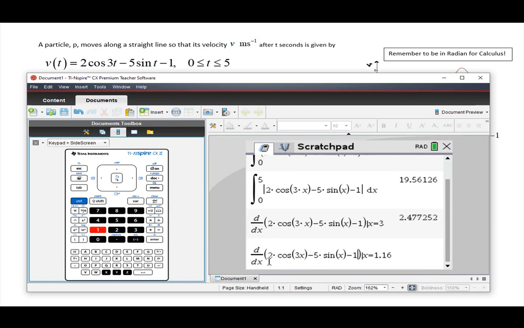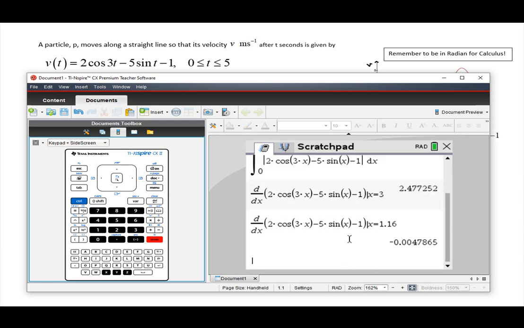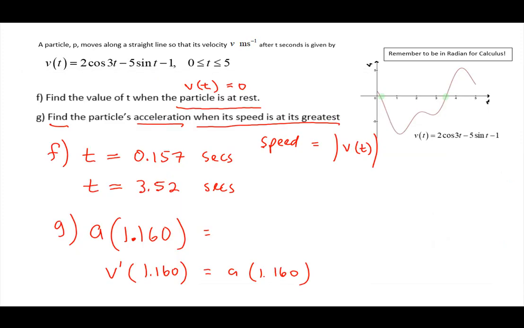All right, double check, make sure everything is typed in correctly. We're in radian mode, everything's good. Go ahead and click enter. So we end up with negative 0.00478.